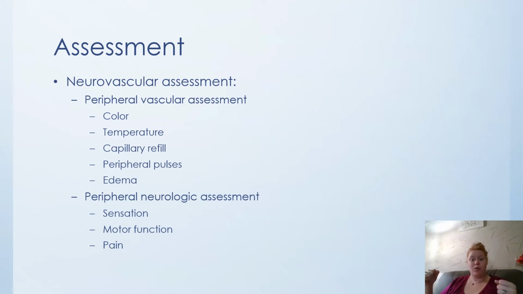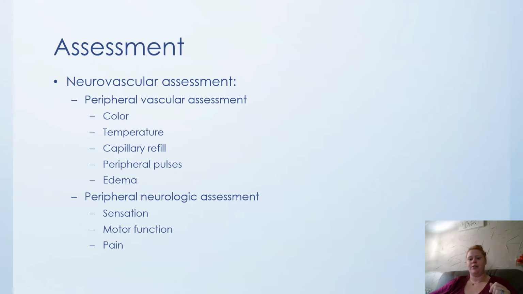Neurovascular is super important because y'all learned about perfusion earlier this week. And perfusion, big deal. So we're going to want to check because we don't want their hip injury to cause injury to tissue below it due to a lack of blood supply. So we're going to want to maintain or keep assessing their color and temperature distal to the injury.